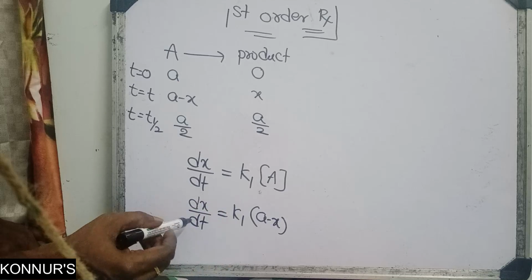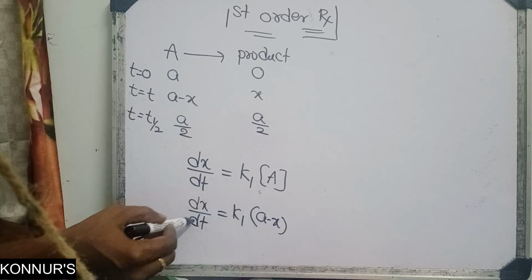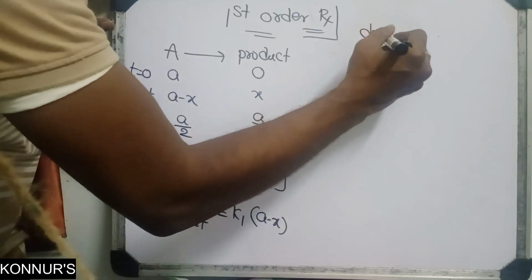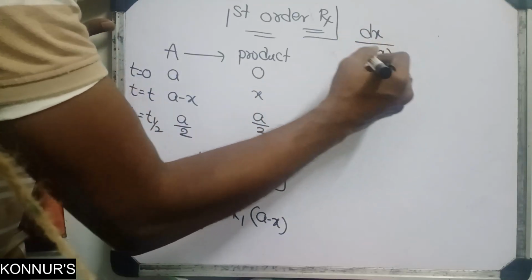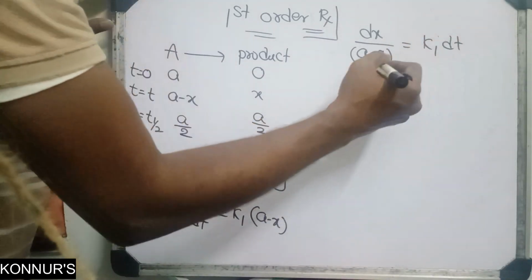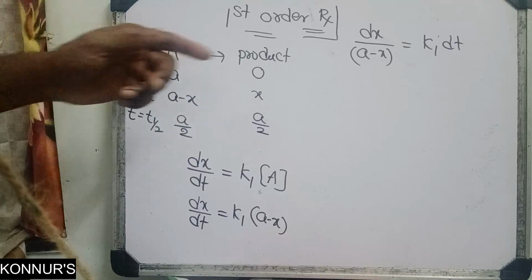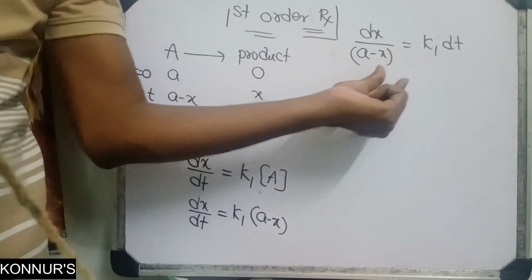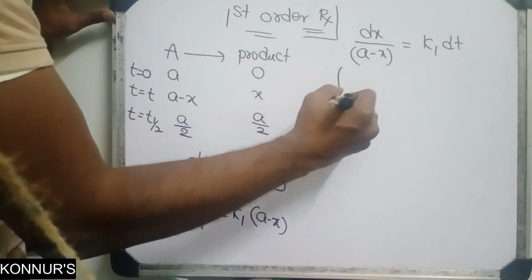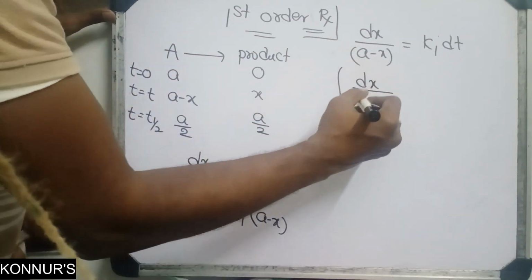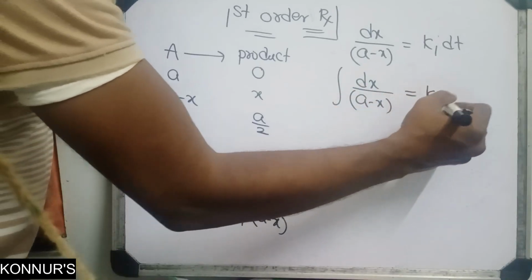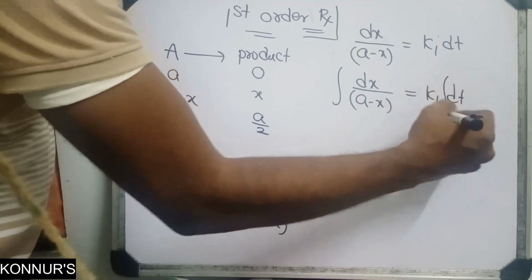Taking x values on one side and t values on the other, dx by A minus x equal to K1 into dt. This differentiation explains only a small portion, so for the complete reaction you take integrations on both sides.